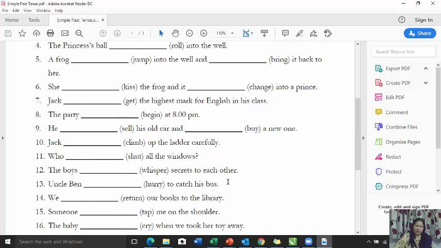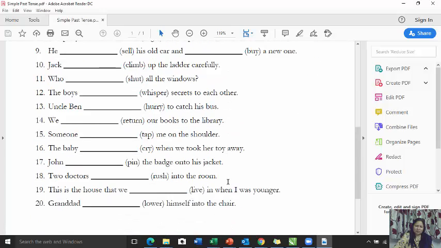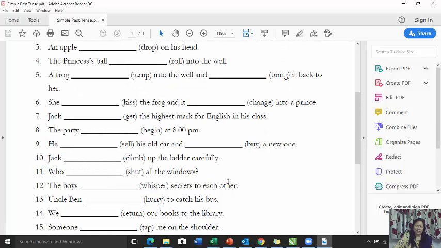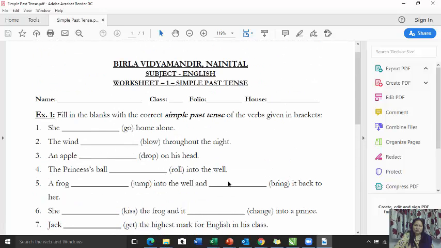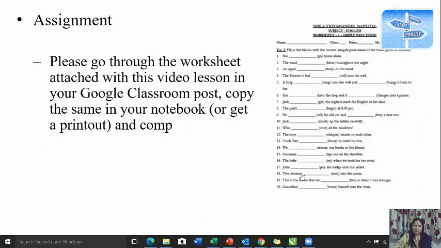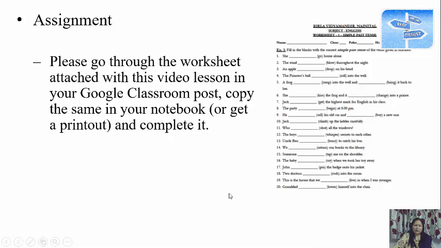Sometimes you might find all are singular only, single blanks. Okay, so this is it. You go through this worksheet, write it down in your notebook, and then what you do? Yes, right? So you complete it in your notebook.